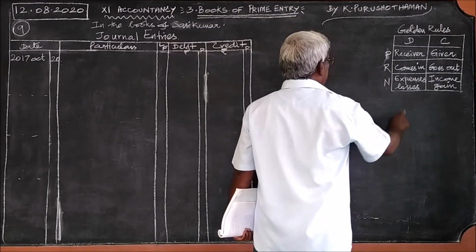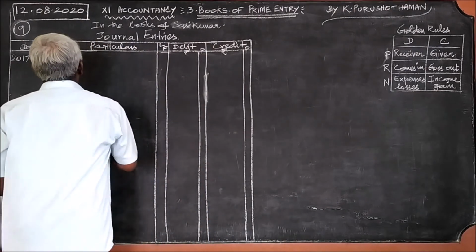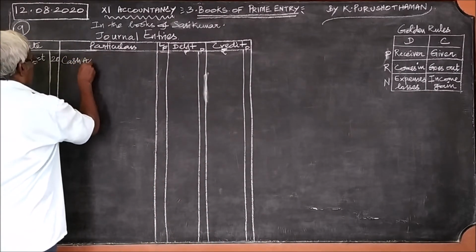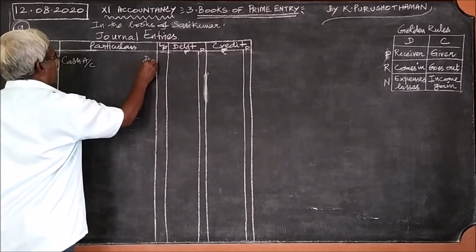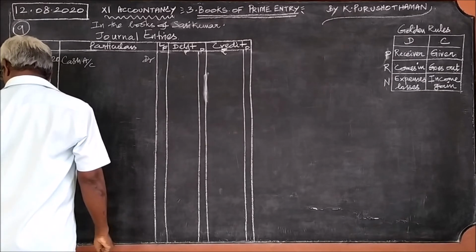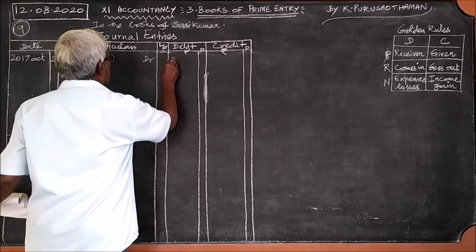So cash account debit. What is the amount of cash received from Chandar? 23,000.